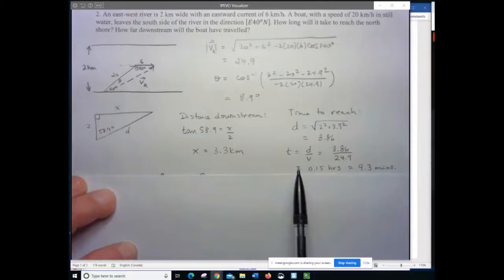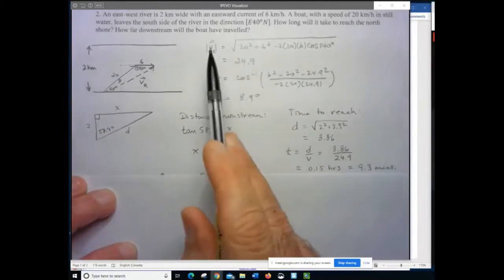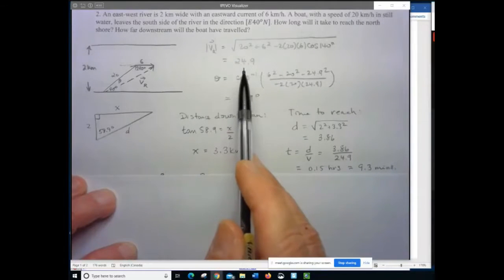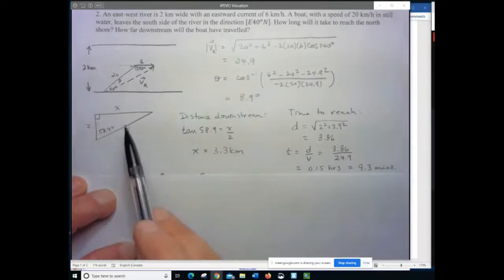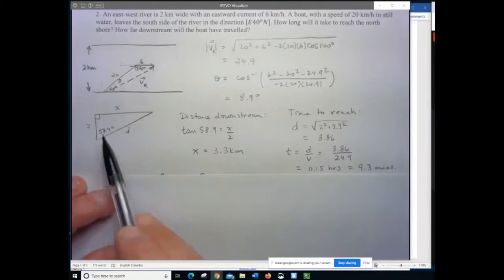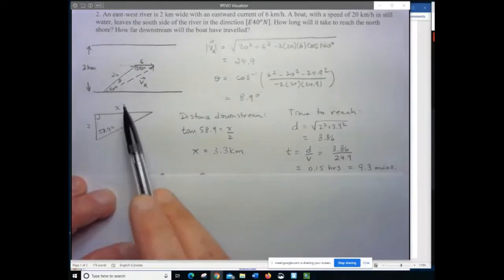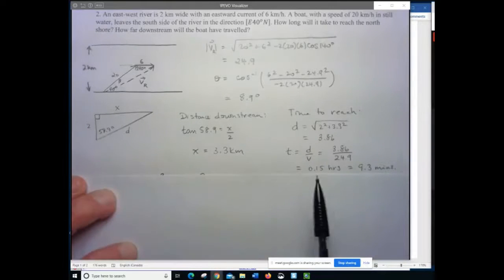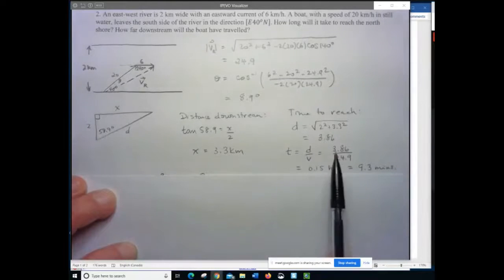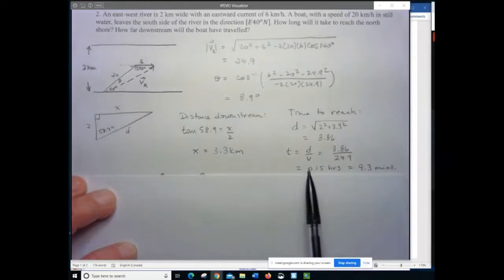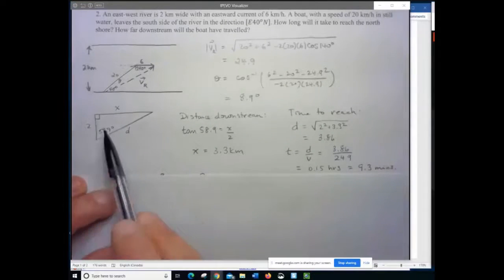So I already knew the speed. That's just the magnitude of the velocity function. I calculated the total distance traveled in the water because I already have these two sides. So I use Pythagoras, and then from there I just did distance divided by speed to get the amount of time it takes to travel across.